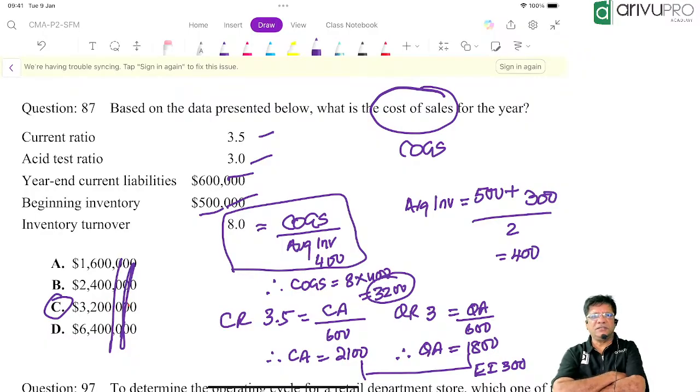Still a shortcut. Very quick in the exam. How you should do? First understood this one? Understood. Still shortcut. Just see. Main difference between current ratio, quick ratio is 0.5, right? 3.5 minus 3, 0.5 is inventory, no? 0.5 into 600, 300.